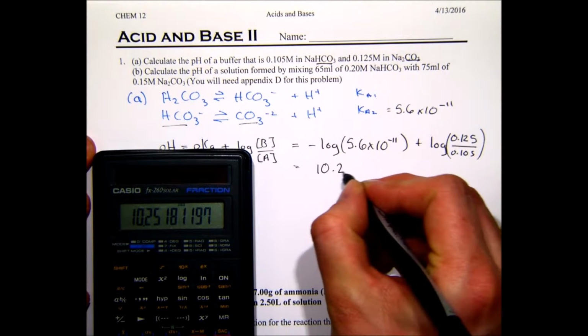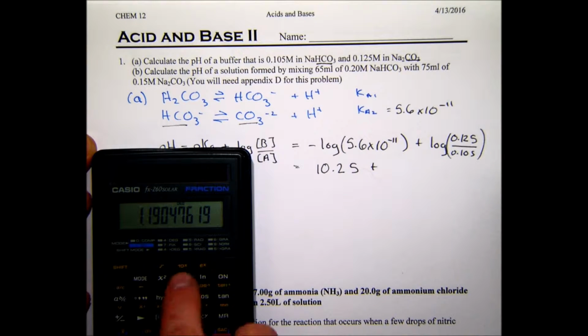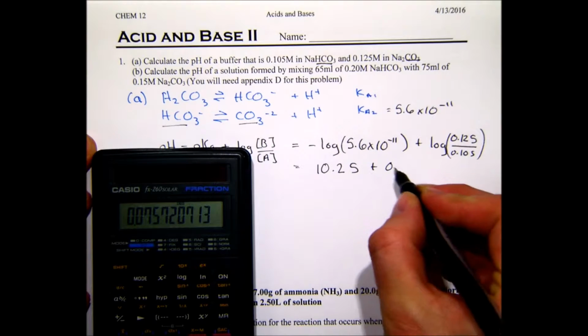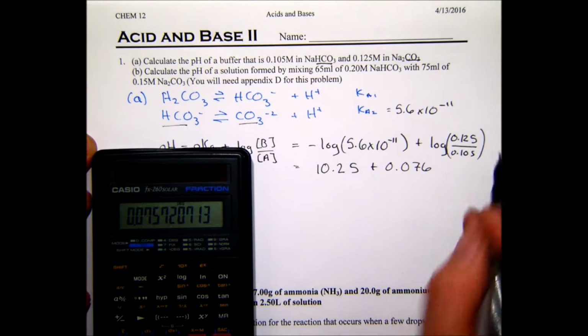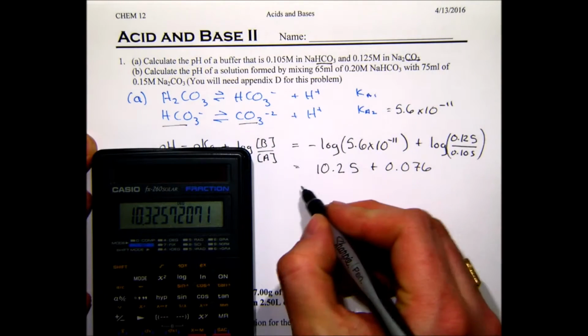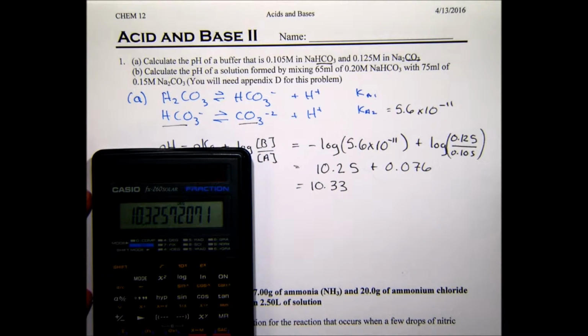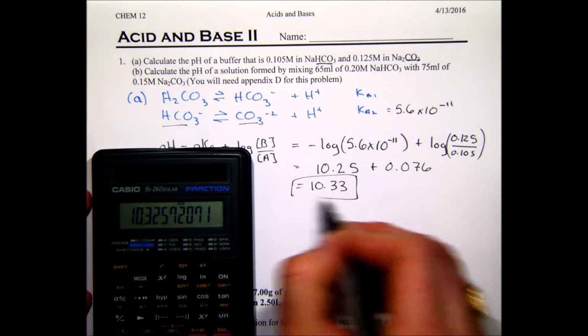That is 10.25, plus the log of 0.125 over 0.105, which is 0.076. Add that to my original number, and that equals 10.33. So that would be the pH of that particular mixture.